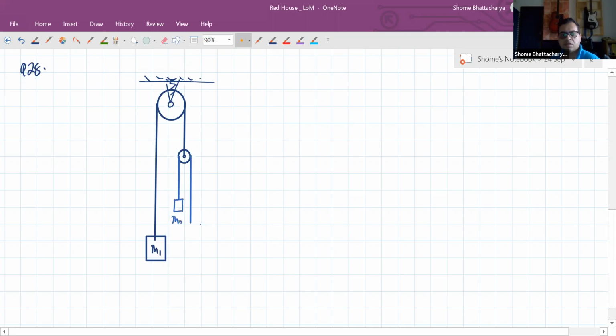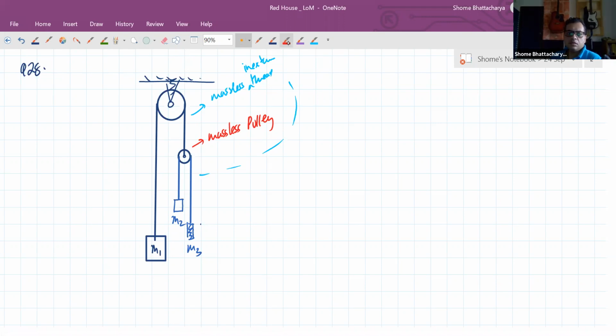This is a block of mass M2 and this is another block of mass M3, let's say, okay. And as usual, this is a massless pulley. Okay, and the threads are massless, massless, inextensible. Okay, same for this.